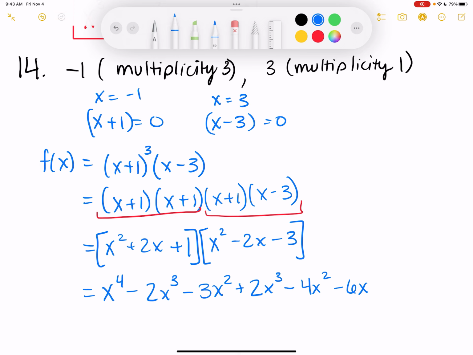Plus x squared, then minus 2x, minus 3. So then to combine everything, we've got x to the fourth. I only have two cube terms that cancel each other out. Squared terms, I've got negative 7x plus x, so negative 6x squared.